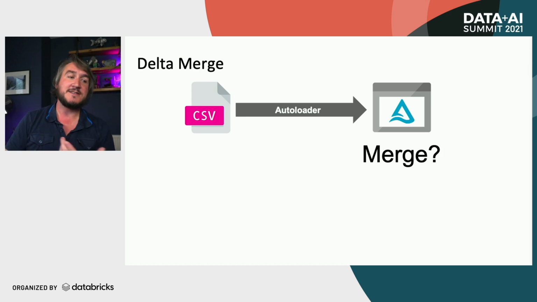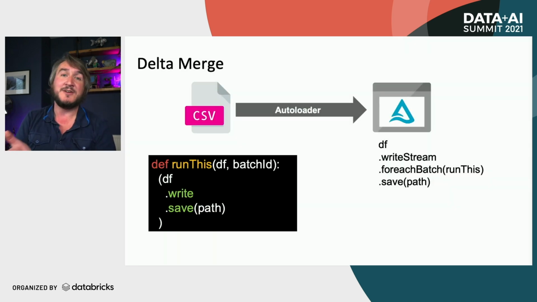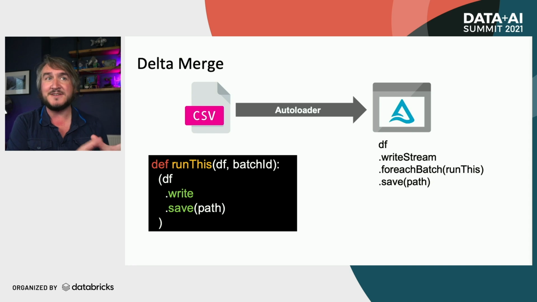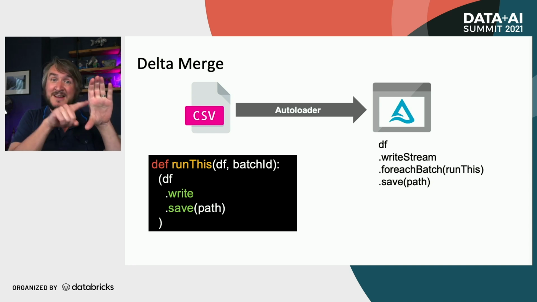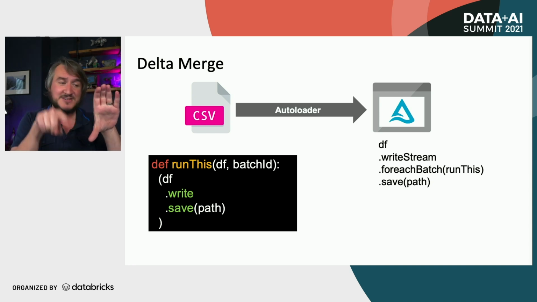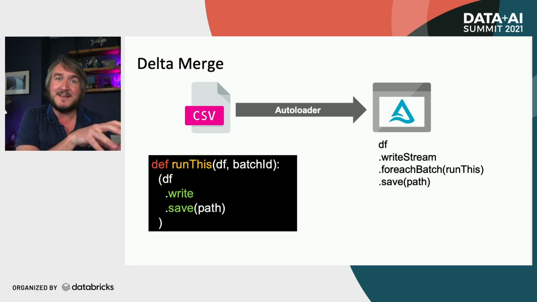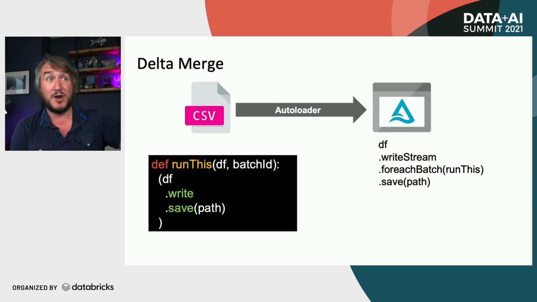In that case, there's a normal streaming trick, which is foreachBatch. So I can say for my data frame, write my stream, and then foreachBatch, and I give it the name of a function. I need to define a function that expects an input data frame, which is a micro batch data frame. Each time the streaming query does a micro batch, each time it kicks off a separate little bit of processing, it'll kick that data frame over to this function and run it as a normal batch.